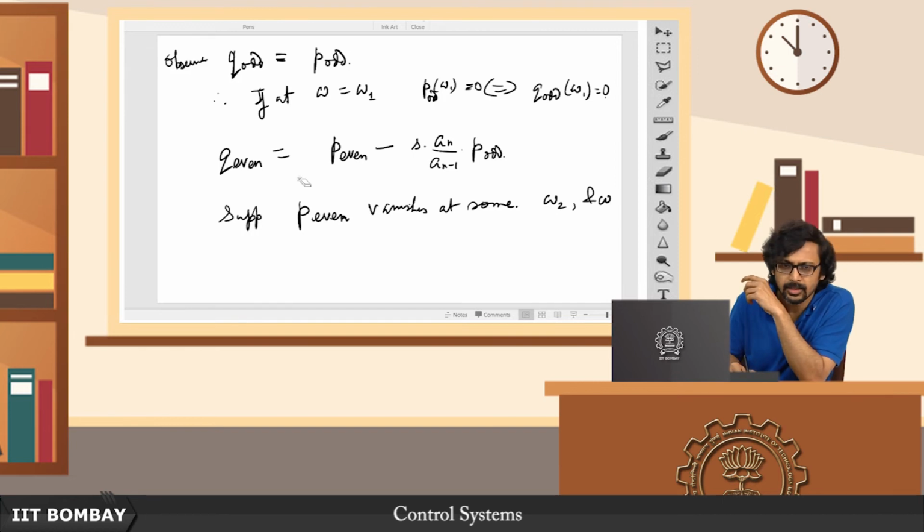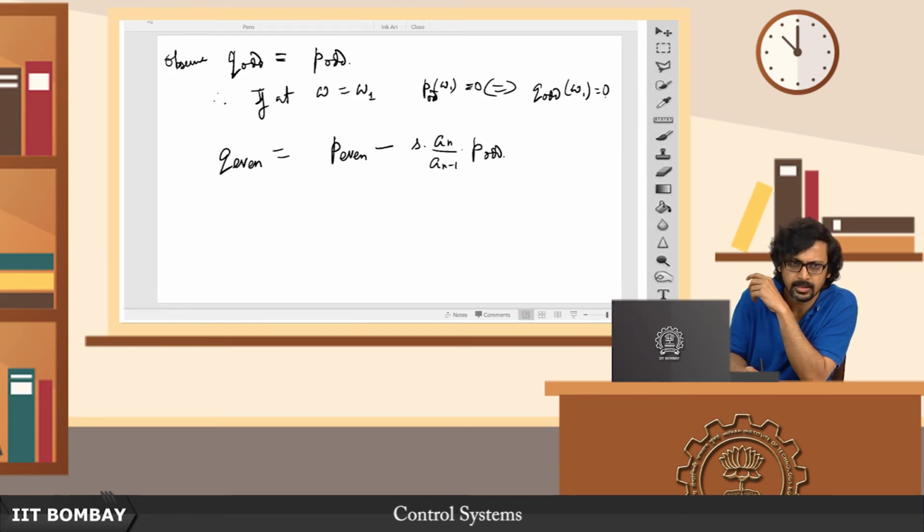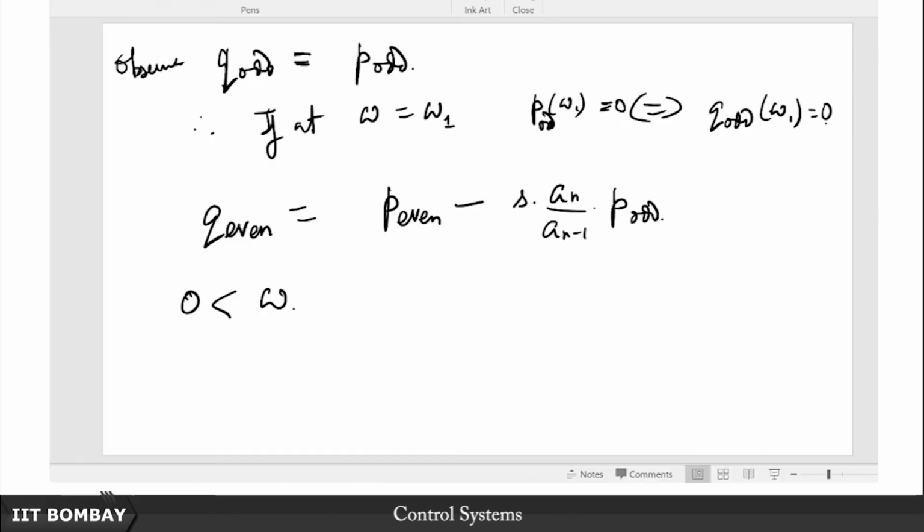Let me write down the interlacing property of the original P, that will make it easier. So suppose we have 0, then omega even 1, then omega odd 1, then omega even 2, then omega odd 2.